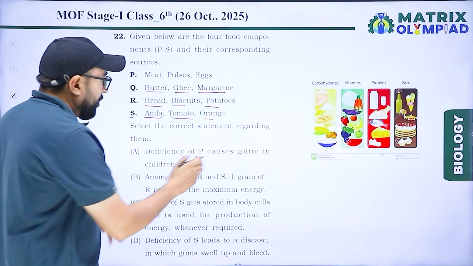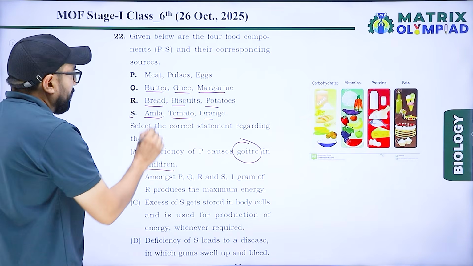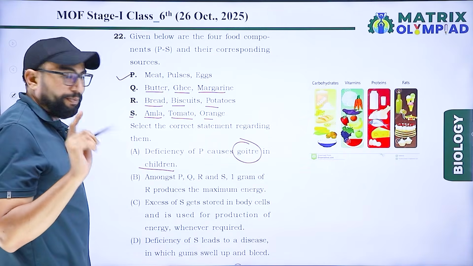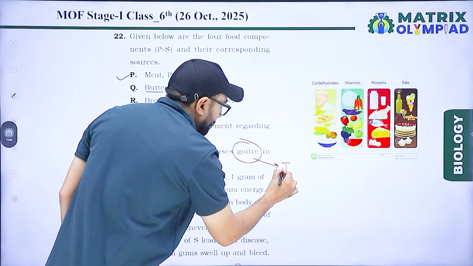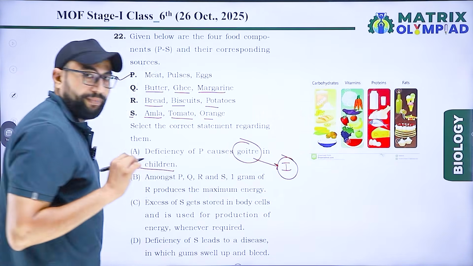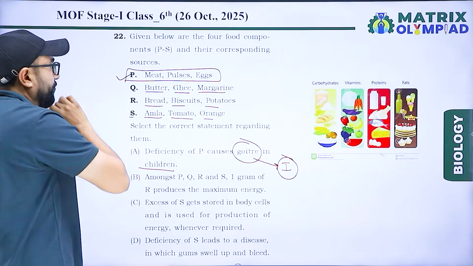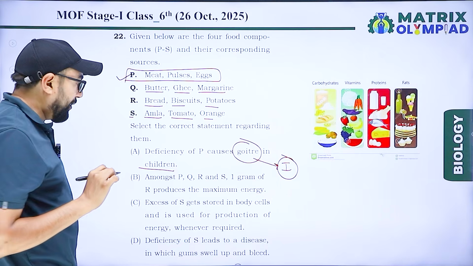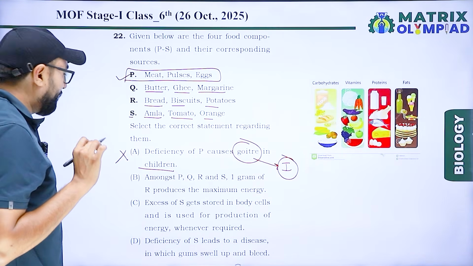Option A: deficiency of P causes goiter in children. But goiter is caused by deficiency of iodine, and these are all examples of sources of protein. So option A is wrong.